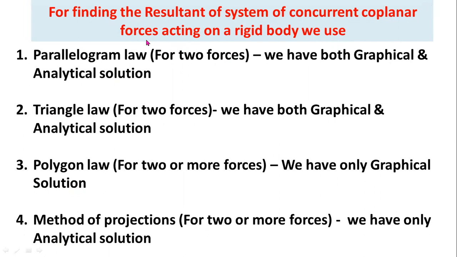Okay, when the line of action of all the forces lies in single plane, it's called coplanar system of forces. Concurrent means all the forces meet together at a common point. Okay, for determining the resultant of concurrent coplanar forces, we are using these four methods.